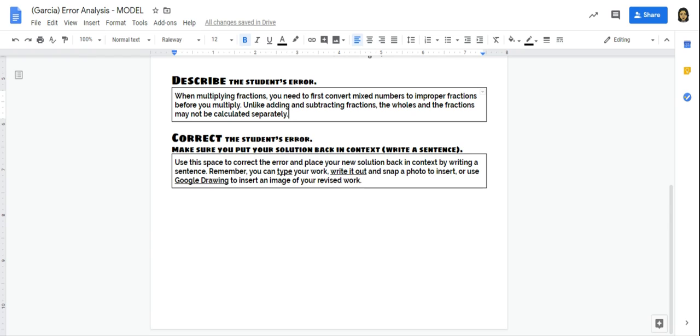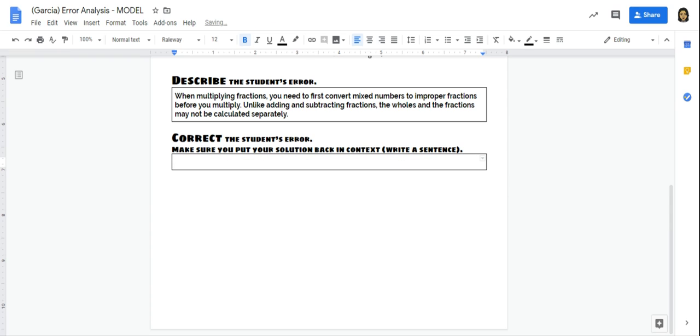Remember, you can type your work, write it out, and snap a photo to insert, or use Google Drawing to insert an image of your revised work. So there are 3 separate options, and I'm going to show you all of them so that you can make your choice. So first option is to erase it and simply type up your work.